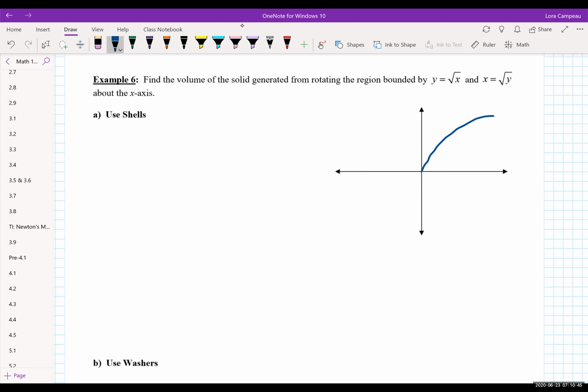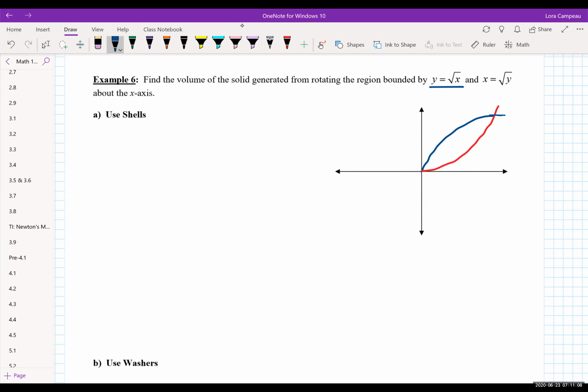But this is y equals square root of x, and x equals square root of y. That's the other way around. We just kind of played with it, but it kind of looks like the version here. So you can already notice there's more to them.